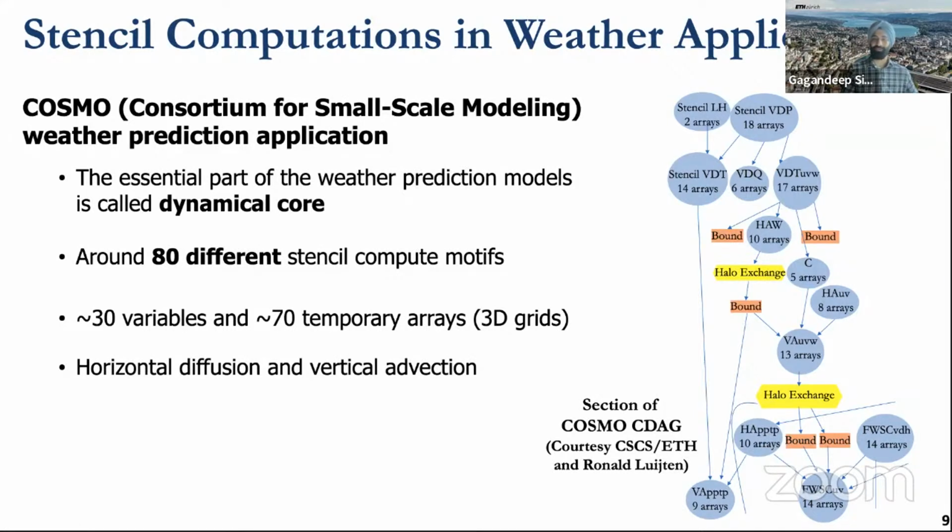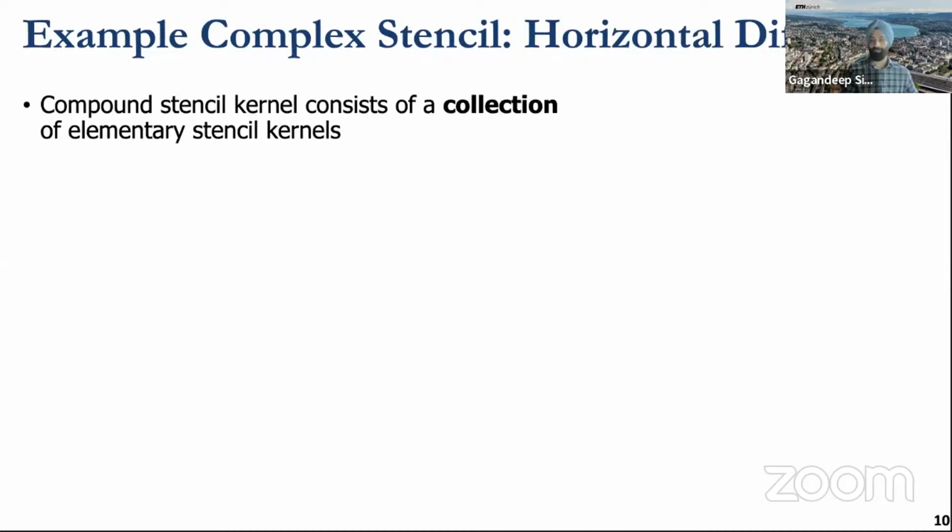Previously I showed you the Jacobi stencil, which is an elementary stencil. However, the stencil computation in these weather models is really different and quite complex. To demonstrate the complexity, let's look into horizontal diffusion, which is one of the simplest kernels inside.